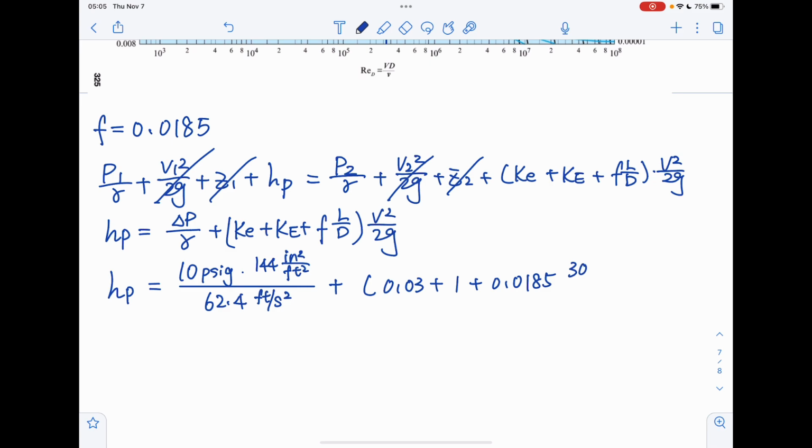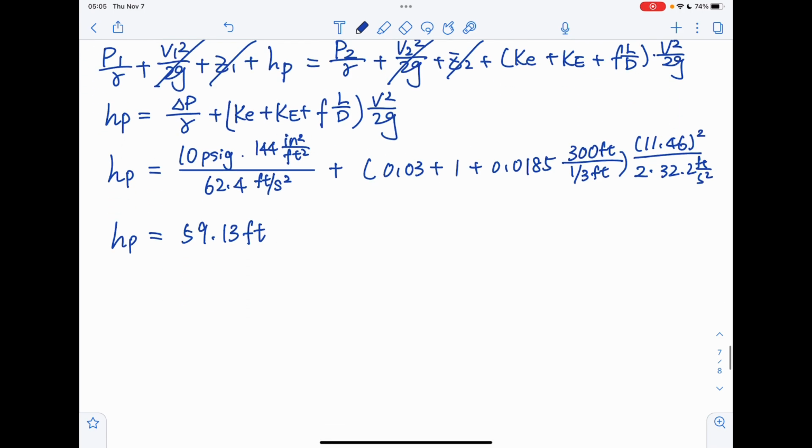The length is 300 feet, and the diameter is 1/3 feet, times the velocity, which is 11.46 to the power of 2 over 2 times g. So the pump head should equal 59.13 feet.